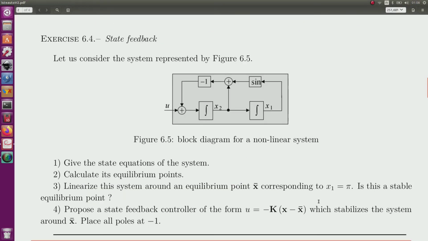For question number 3, I have proved that the system is not stable at the equilibrium point that has been chosen. And the last question is to find a state feedback controller of this form to stabilize the system. And the poles will have to be chosen at -1.